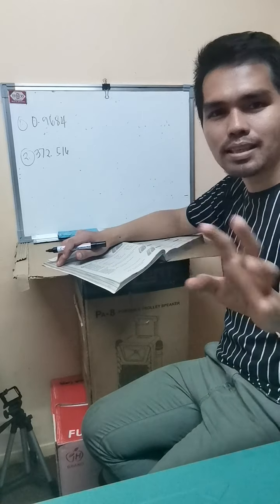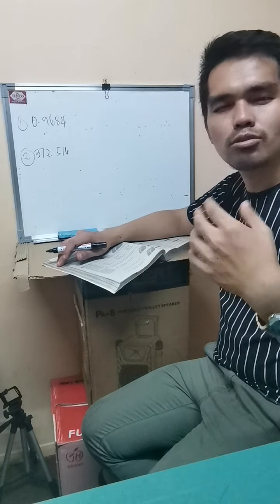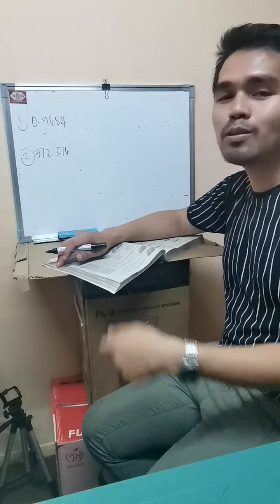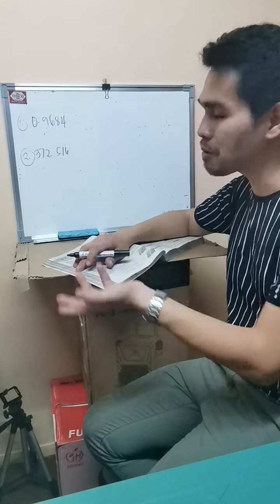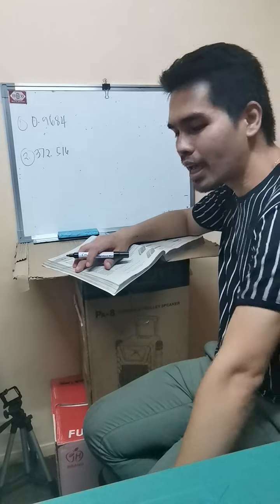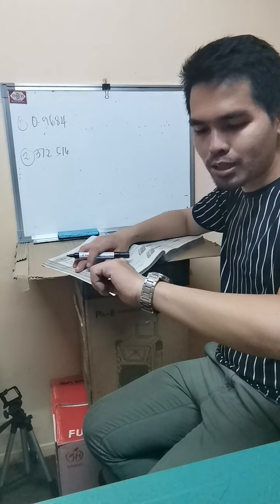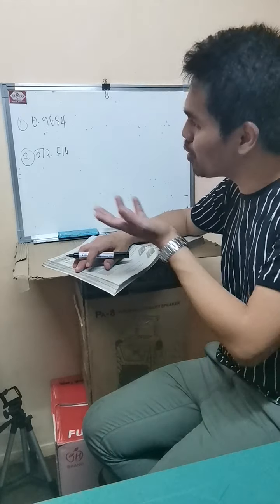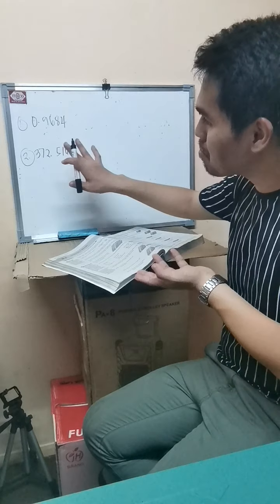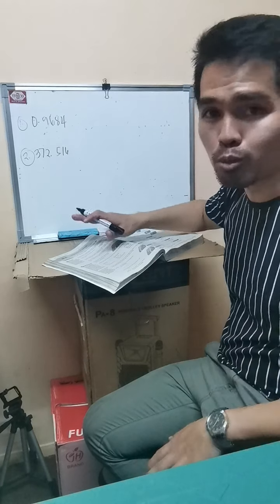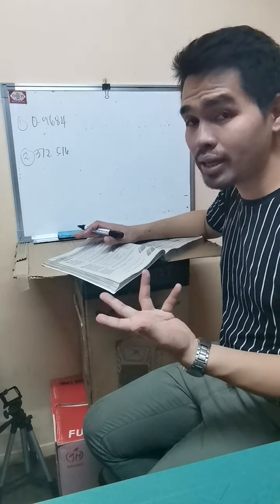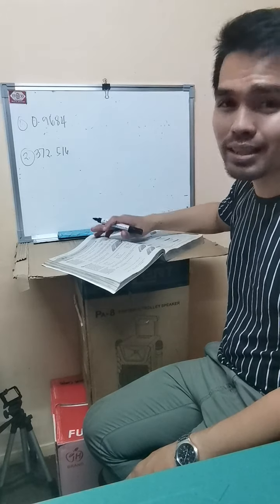I'll give you 3 minutes. Try to write your answer for this part, and later I'll reveal what the answer is. Try to write these decimal notations into their equivalent word form.